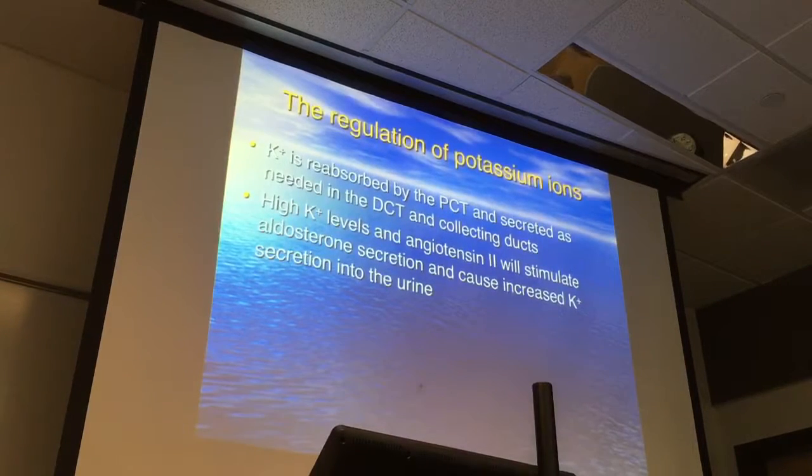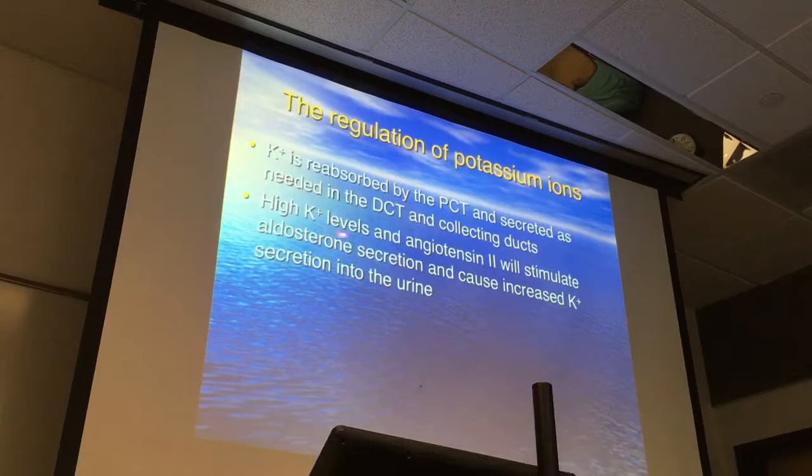Regulation of potassium ions. Potassium is absorbed in the proximal convoluted tubule, and that's obligatory. It's secreted as needed in the distal convoluted tubule and collecting ducts. High potassium levels and angiotensin II will stimulate aldosterone secretion and cause increased potassium excretion into urine.